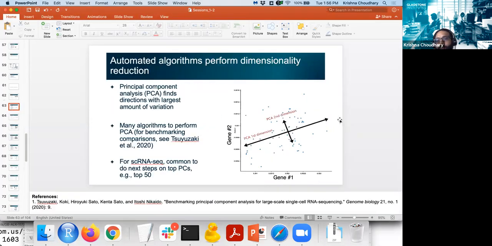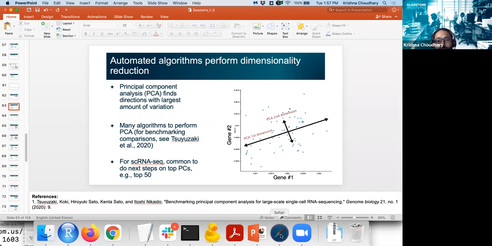So if the variance in this direction is very high, that is the first PC, and the second PC is the one with the second highest variance in the data cloud. If you want to be more imaginative, data is spread here, and the direction with the second highest variance is what we are calling the second PC.